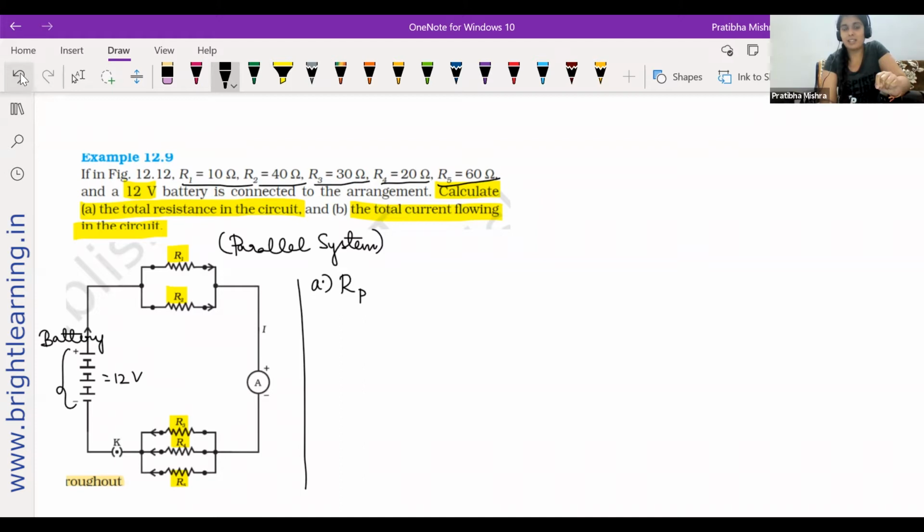No. You should write 1 by RP. It's the reciprocal. Okay, remember that. So 1 by RP should be equal to 1 by R1 plus 1 by R2 plus 1 by R3 plus 1 by R4 plus 1 by R5.